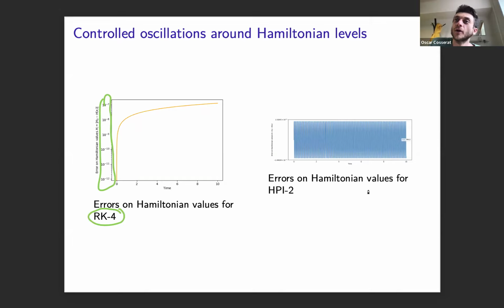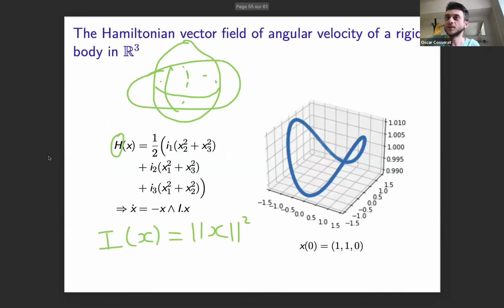And on the right, we see that the Hamiltonian Poisson integrator of order 2 oscillates around the Hamiltonian levels. So it's kind of magic. Let me come back to the periodic orbit. It means that while the Runge-Kutta method of order 4 runs away to infinity when the number of iterations grows, the Hamiltonian Poisson integrator we computed will oscillate around the periodic orbit.